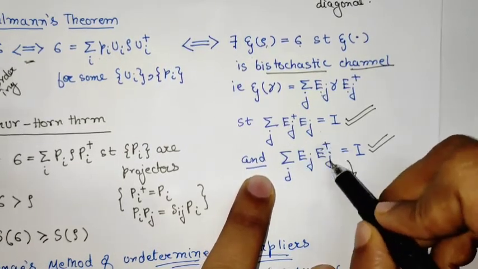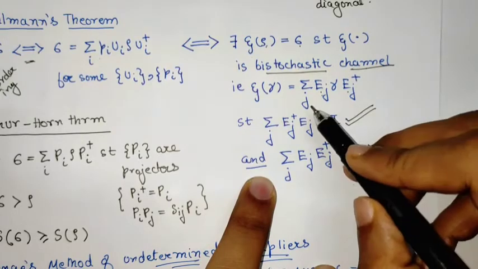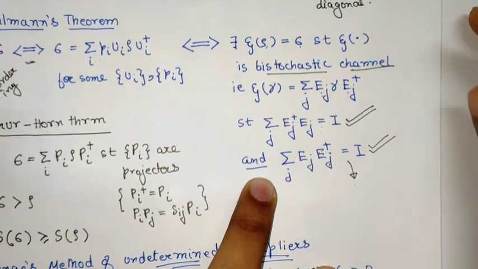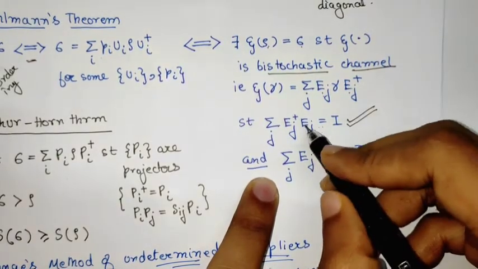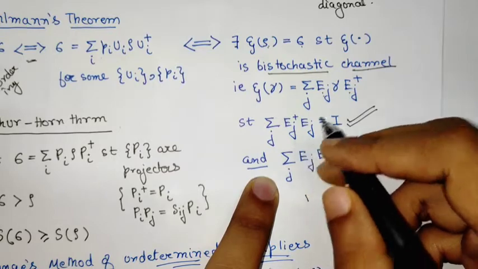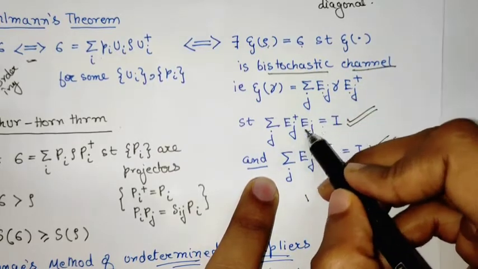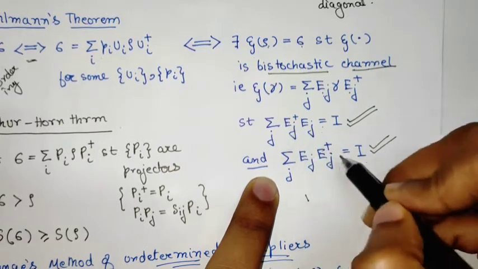If both conditions are satisfied, then we say that this channel is a bistochastic channel. One must remember that this E need not be a unitary operator. It just needs to satisfy these particular constraints.